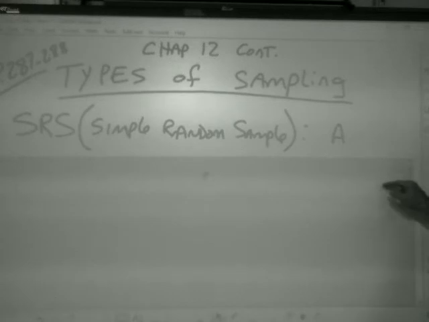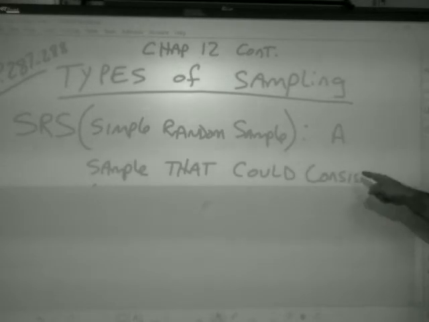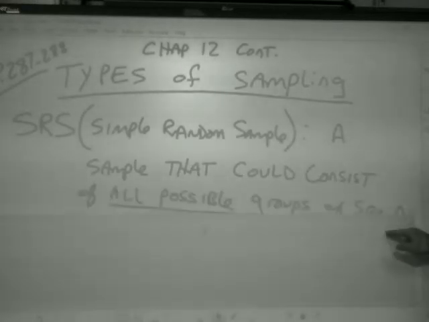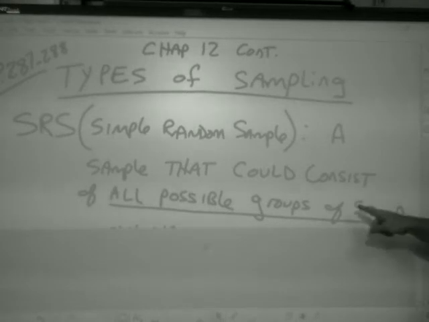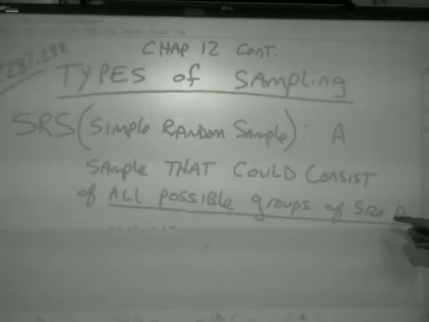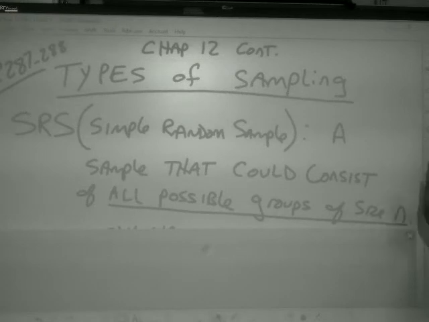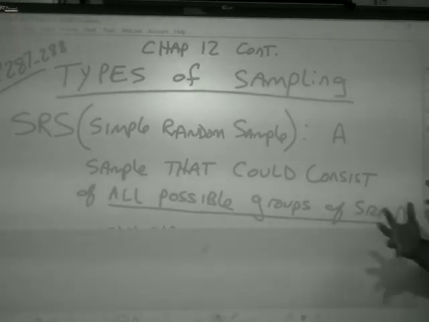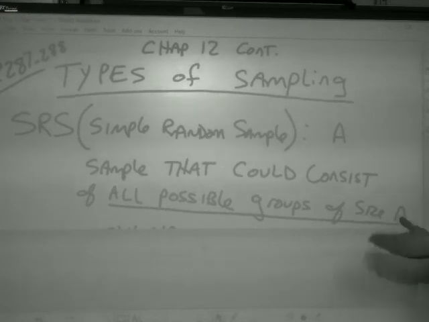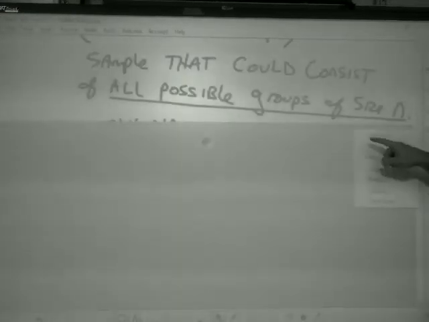A simple random sample is a sample that could consist of all possible groups of size n, meaning no matter how many people or items you're looking to sample, if all possible combinations are possible, then that would be a simple random sample.